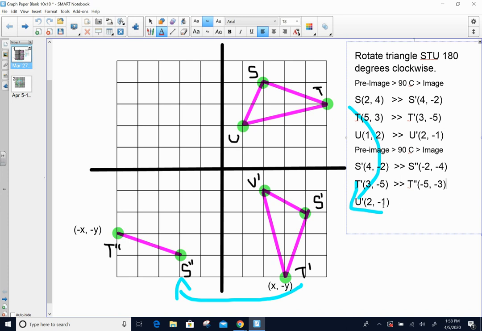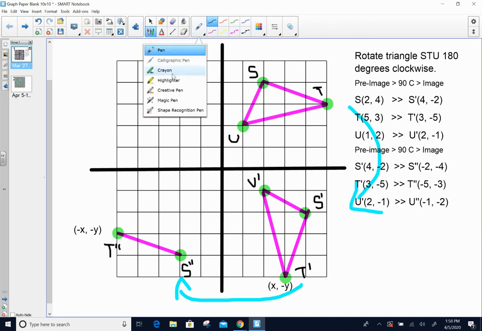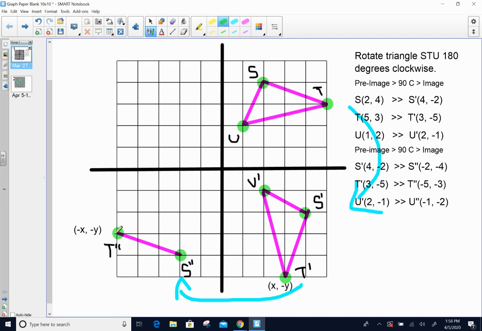I've got my last point here. This is U double prime. Let's switch our x and our y values. So I'm going to have 1 first and then 2. But again, remember, you've got to make them both negative because that's what's in this quadrant. And now I can go ahead and plot that point. -1, I'm going to the left 1. -2, I'm going down 1 and 2.